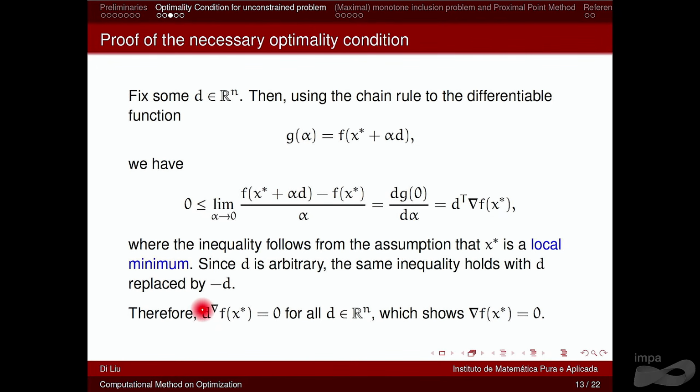Sorry, there is a typo here. This should be d transpose the gradient of f at x star equals 0 for any d in Rn. Since this equality holds for arbitrary d in Rn, it means the gradient of f at x star equals 0. So this is the first order necessary condition for the unconstrained optimization problem.